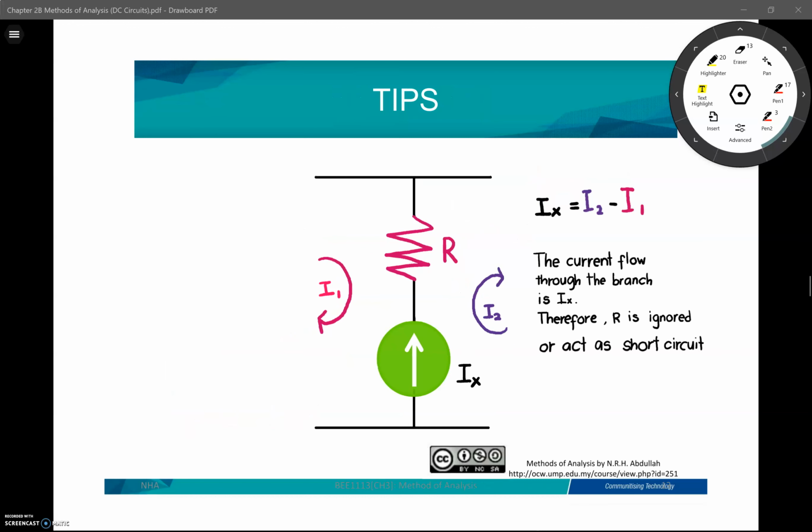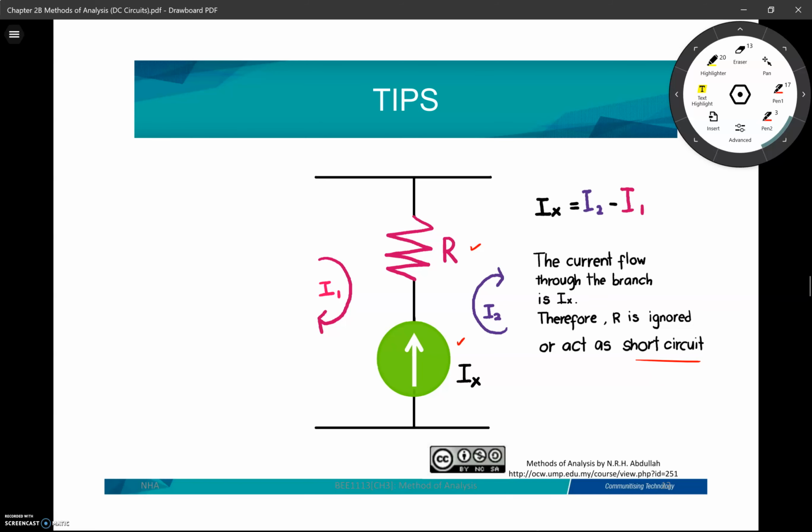As a tip, if you see a resistor in the branch with a current source that looks like this one, the current flowing through the branch is Ix. Therefore, R is ignored or acts as a short circuit.